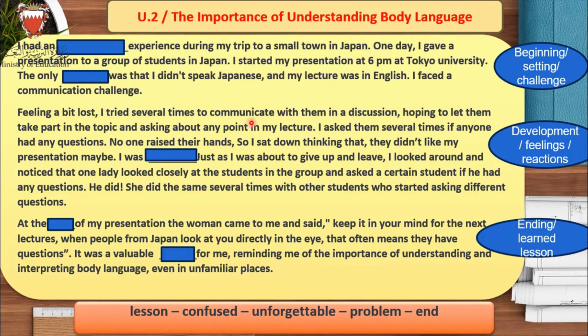Then, the development of the story, how the story proceeded, and your feelings and reactions towards the events or the situation you had. Then you have to finalize your story by the ending of the story with a lesson you learned from it.